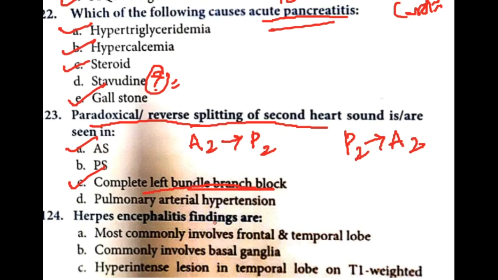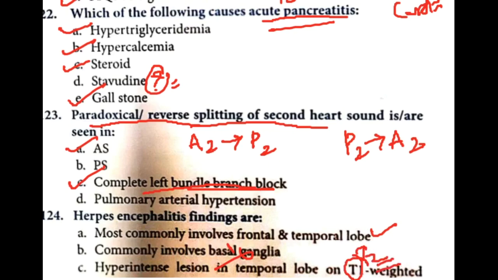Herpes encephalitis findings are: herpes encephalitis most commonly involves the frontal and temporal lobes, not the basal ganglia. Hyperintense lesion is seen in T1-weighted images of the temporal lobe? Actually, a hyperintense lesion will be seen, but not in T1, it is in T2.